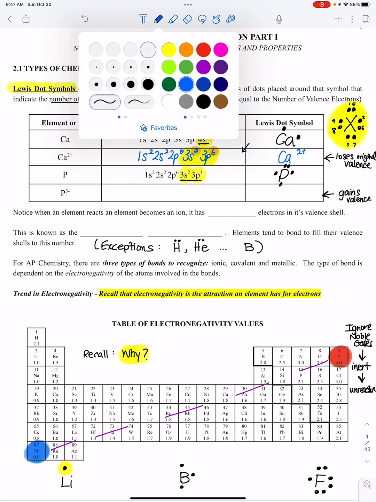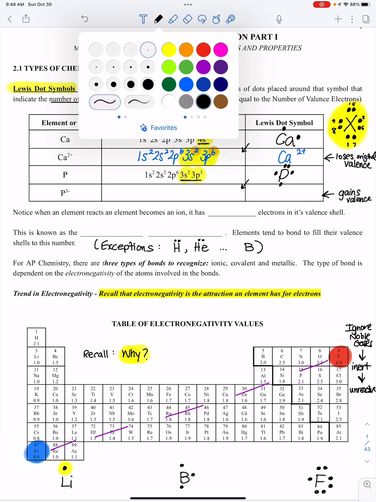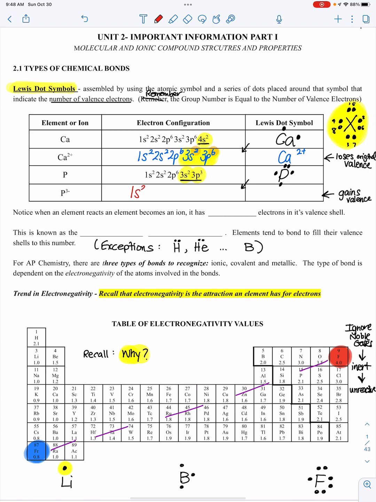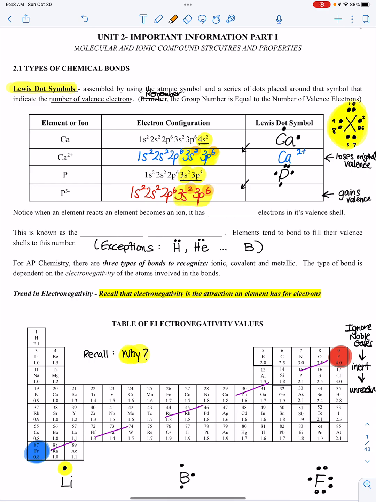It is going to gain 3 electrons. If I were to write its electron configuration, I would get 1s2, 2s2, 2p6. If we were to gain 3 electrons, it would be 3s2, 3p6. It's still in the 3rd energy level for valence, but look, it also looks like it now has 8 valence electrons in its new original valence.